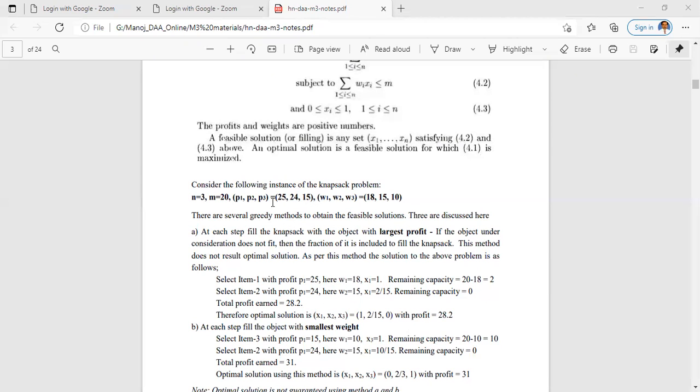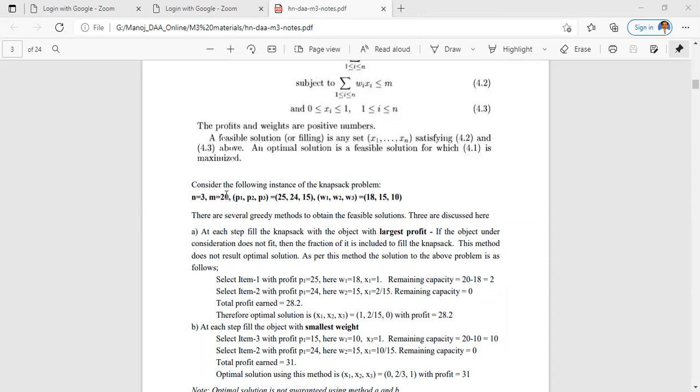Its corresponding weight is 18, so P1 is 25, W1 is 18, and X1 is equal to 1. You have to take this one, since it is the first object. Understood? Now, the capacity is 20 and the weight is 18, so 20 minus 18 is equal to 2.